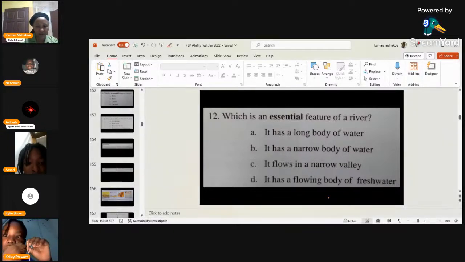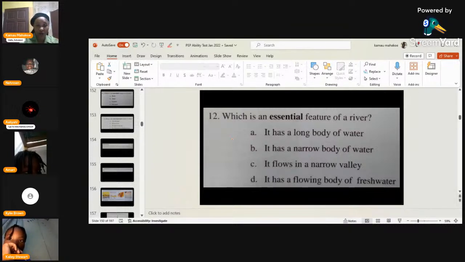All right, because it doesn't matter. Some rivers are wide, not all rivers are level, right? Yes, some rivers are short, not all of them are deep, yes, but miss, it must be fresh water that's flowing. It's not defined as something else, right?